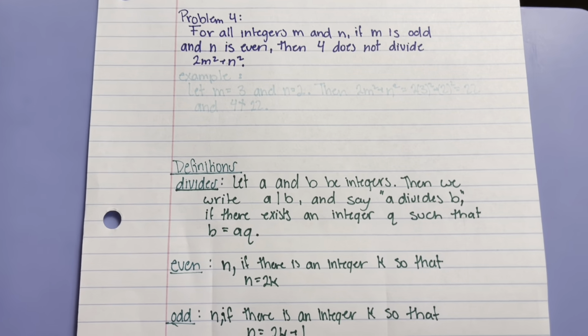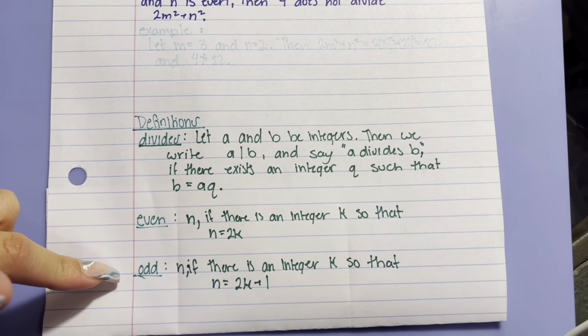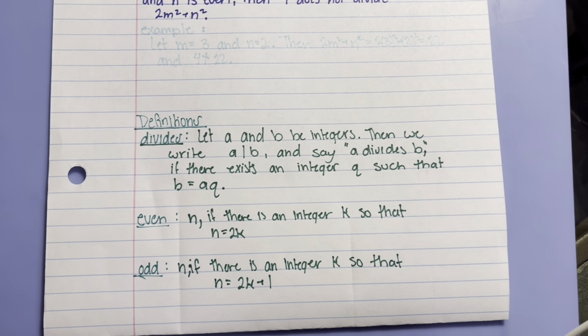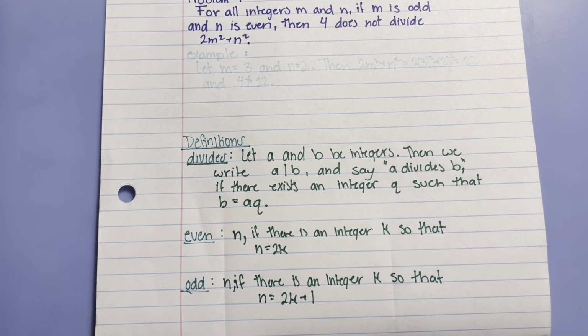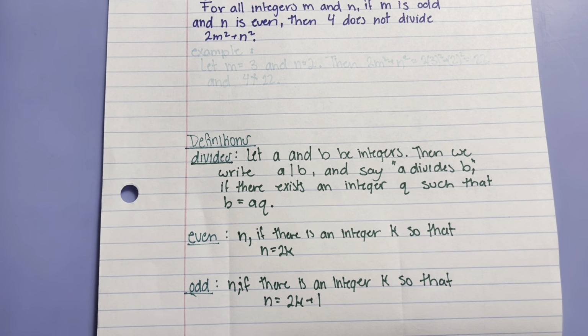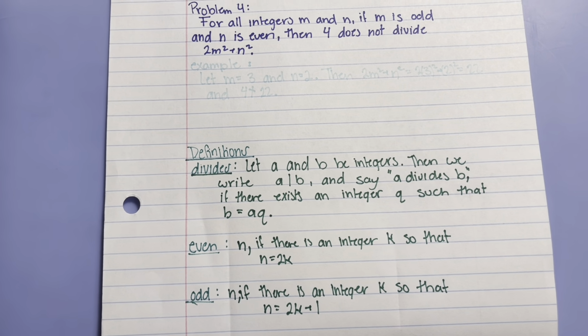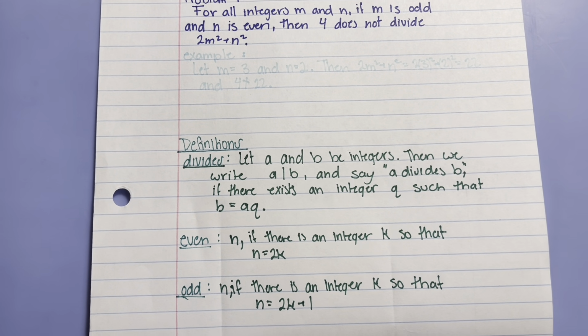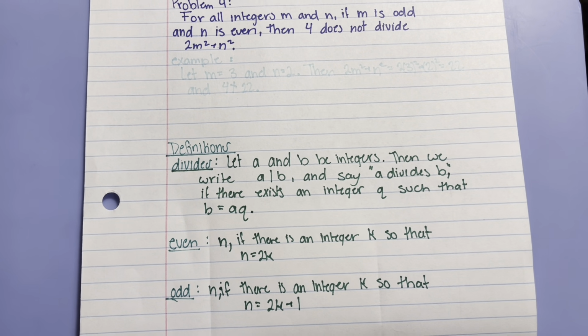A few words that you will see here are divides, even, and odd. Divides just means that if you let a and b be integers, then you can write a slash b, and you just read that as a divides b, if there exists an integer q such that b equals aq.